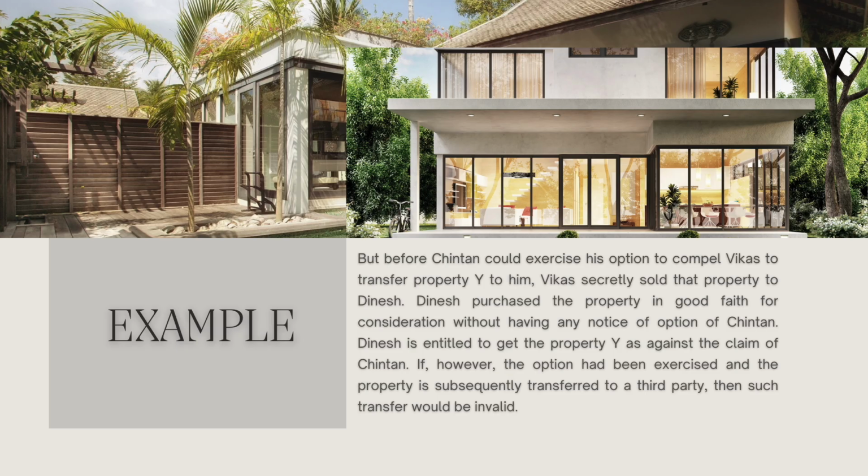Dinesh purchased the property in good faith for consideration without having any notice of the option of Chintan. Dinesh is entitled to get the property Y as against the claim of Chintan. If, however, the option had been exercised and the property is subsequently transferred to a third party, then such transfer would be invalid.